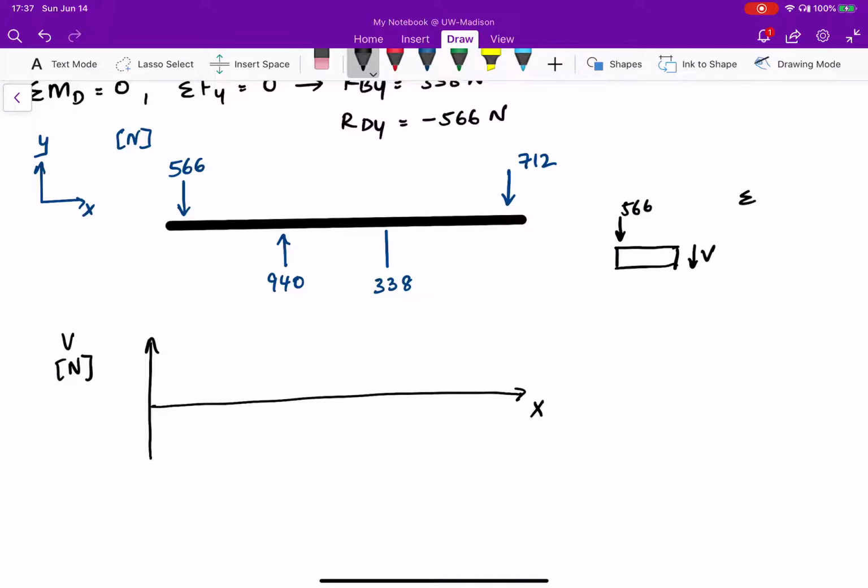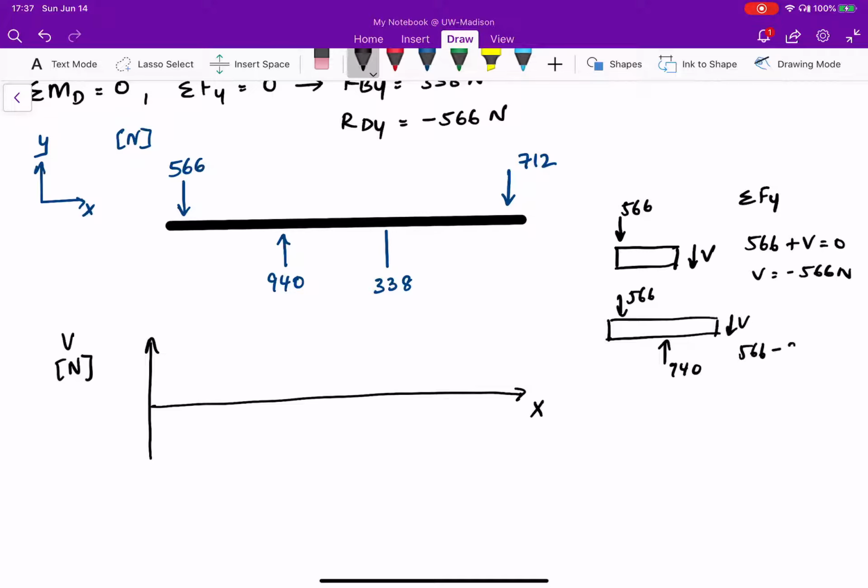Then we take sum of forces in the Y. So 566 plus V is equal to 0, or V is equal to negative 566. And then we can take the next section where we have 566, we have 940, draw V pointing downwards, and then we say 566 minus 940 minus V is equal to 0, or V is equal to 374.